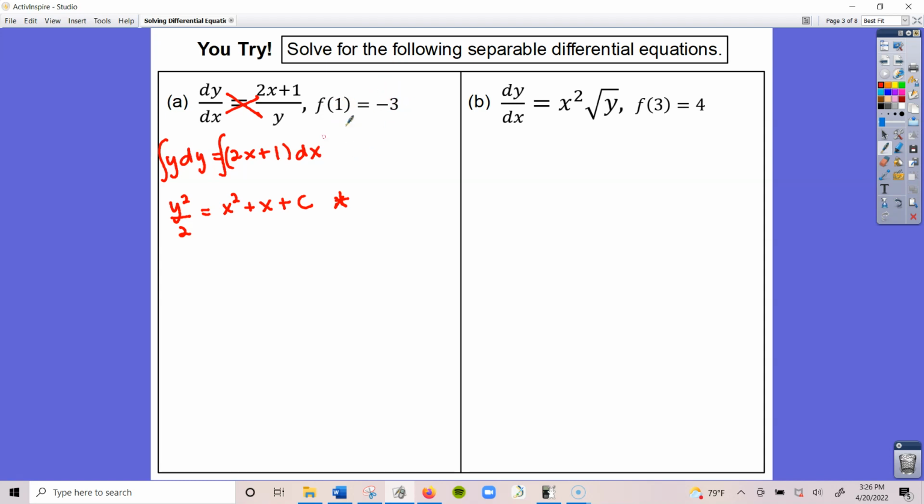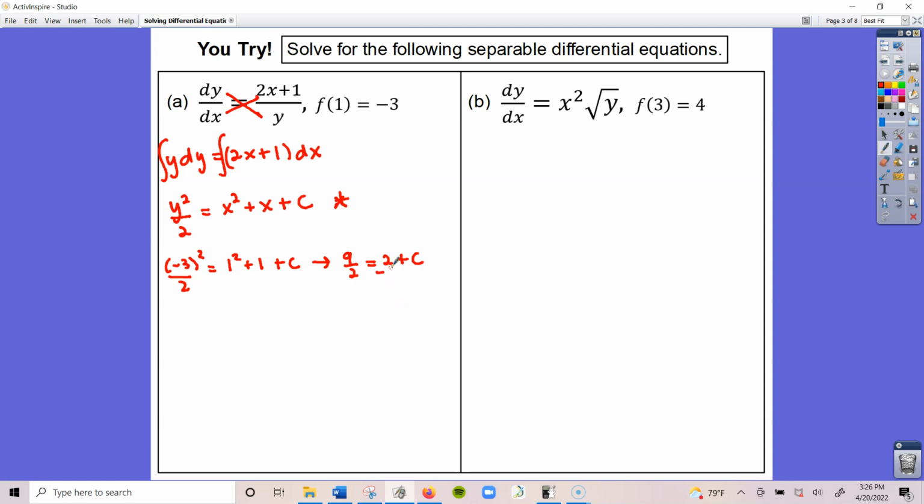So my negative 3 is the y, so that's negative 3 squared over 2 is equal to 1 squared plus 1 plus c. This gives me negative 3 squared is 9, so 9 over 2 is equal to 1 squared is 1 plus 1, 2 plus c.